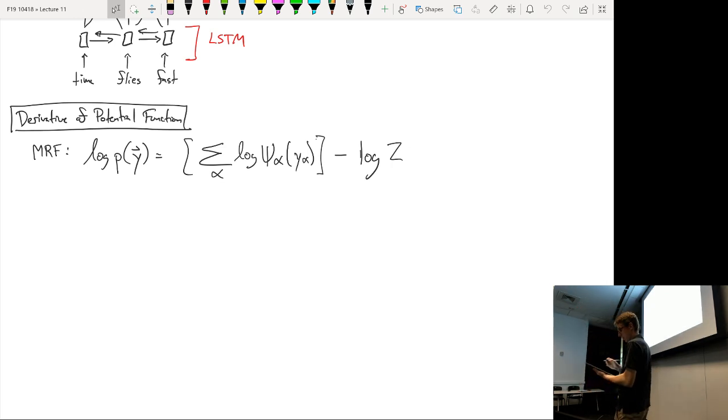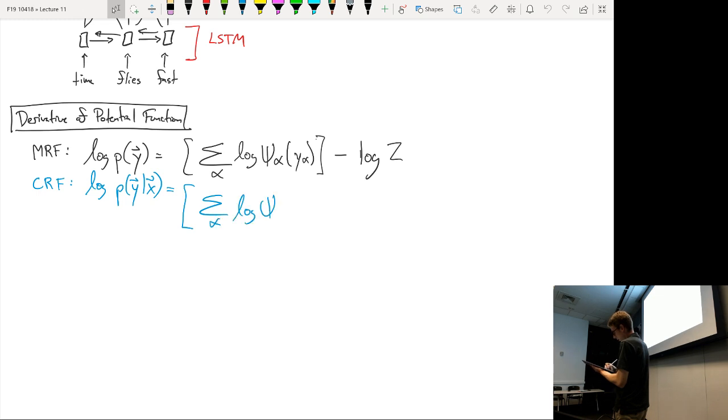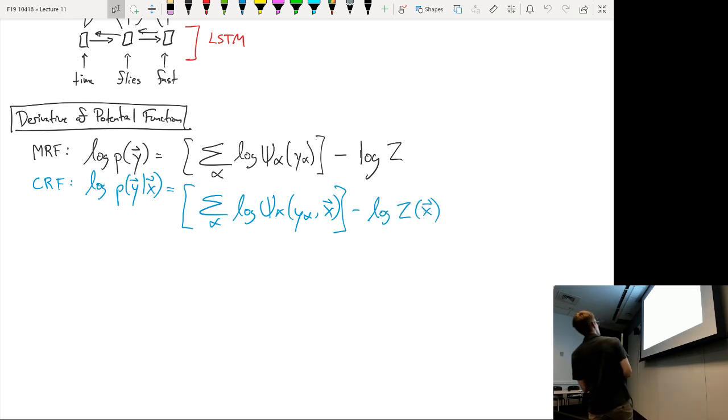If we wanted to define this for a CRF, it would look just about the same: log of P of Y given X is equal to a sum over the factors alpha of the log of psi alpha of Y alpha and all of X, minus log Z of X. If you know what the potential functions are, then you can write down the probability, but you might not actually be able to compute it, because computing the partition function is NP-hard, or sharp-P hard.